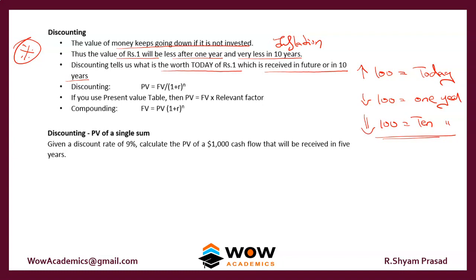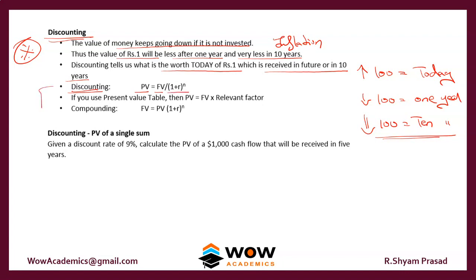So the time value of money, or discounting, tells you that the amount that you're going to receive in 1 year's time, what is its worth today, or the amount of money that you're going to receive in 10 years' time, what it's worth today. So that is what discounting is. The formula is: present value equals future value divided by 1 plus r to the power of n.